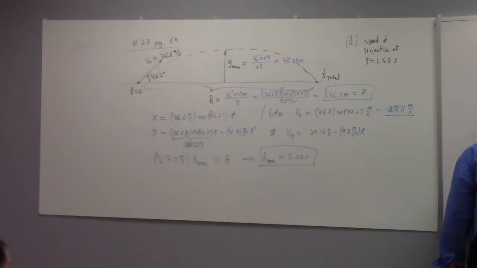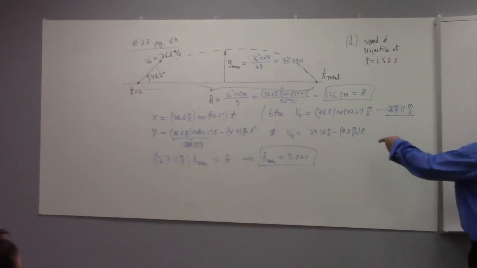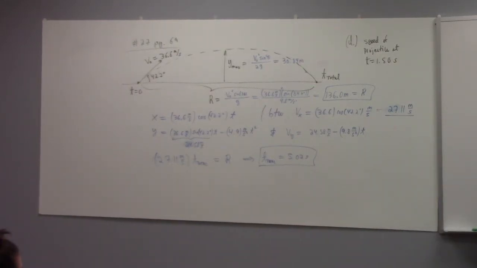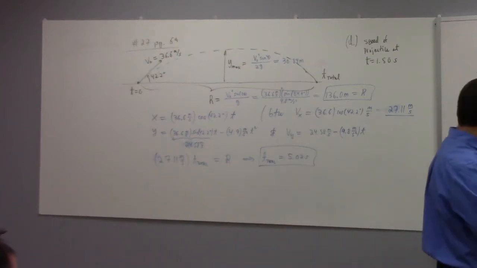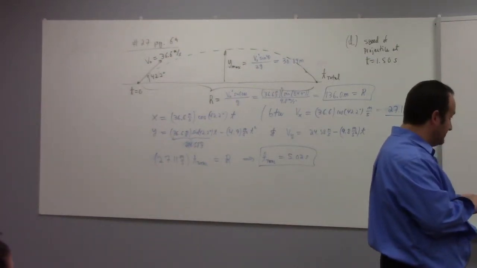So vy at t equals 1.5 seconds is 24.58 meters per second minus 9.8 meters per second squared times 1.5 seconds. Whatever that is, that's the y component of the velocity. Still not the speed, but getting closer.